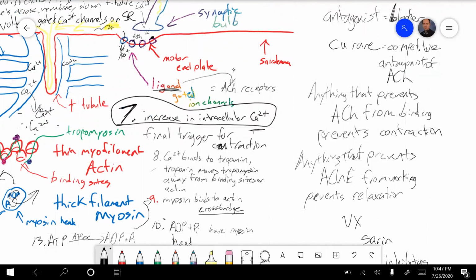Acetylcholine causes the muscle to contract. We'll look at neurotoxins later. We'll look at stuff like black widow venom. Black widow venom is an acetylcholine agonist. It acts like acetylcholine. And if you've ever been bitten, it hurts, but your muscle will spasm around the bite site because it's acting like acetylcholine, causing it to contract.